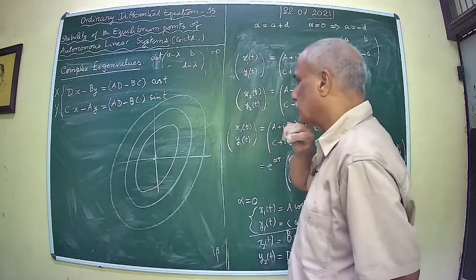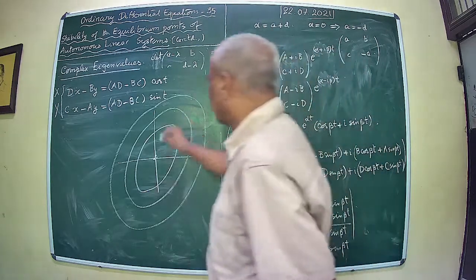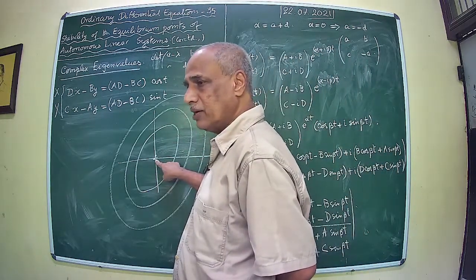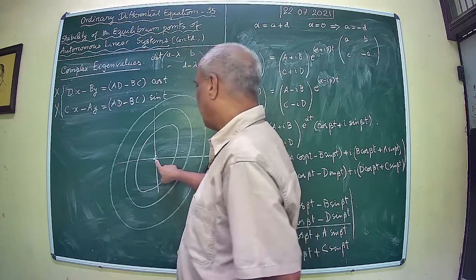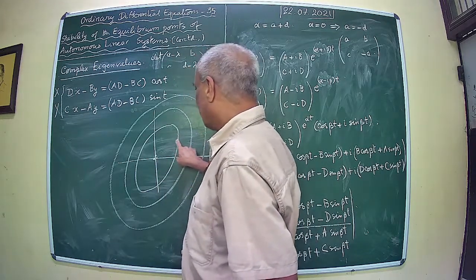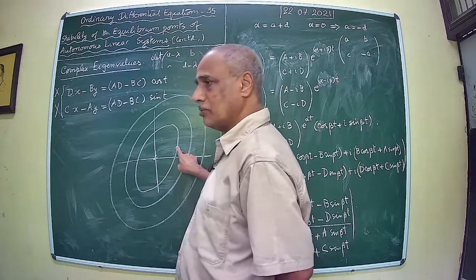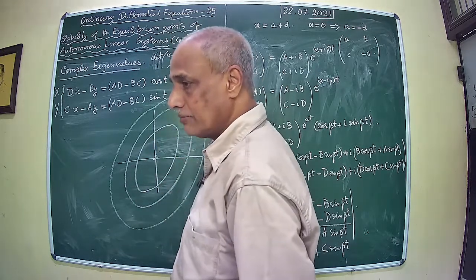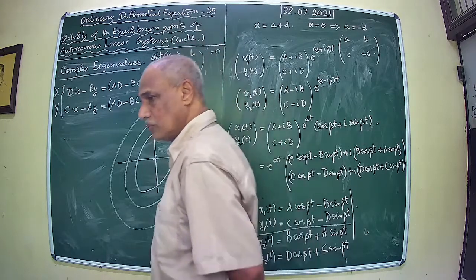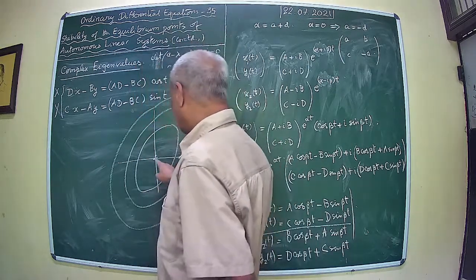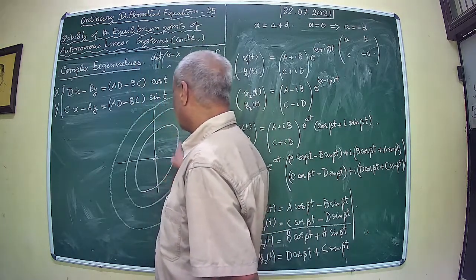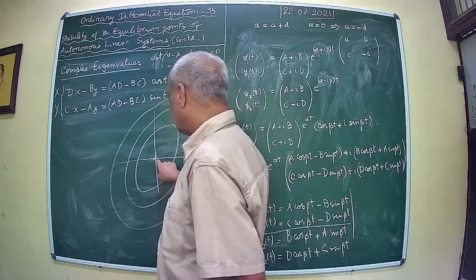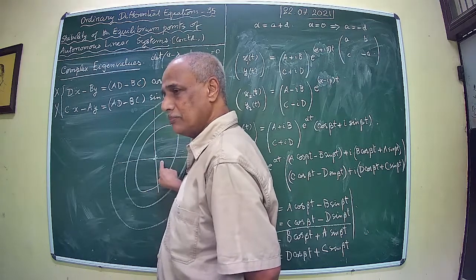So they are closed curves. None of them go to the equilibrium point. But once you are on a particular orbit, you remain in that orbit. You never go away from there. So once you are close to this, you remain close to it. Therefore, this is a stable equilibrium point.